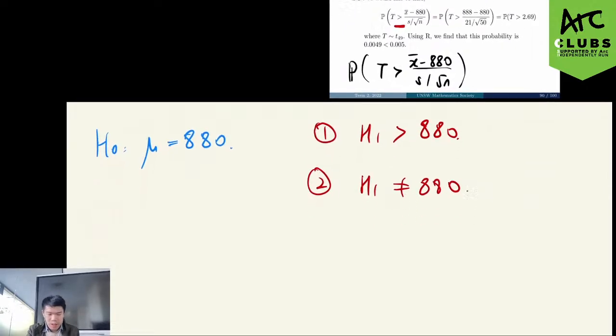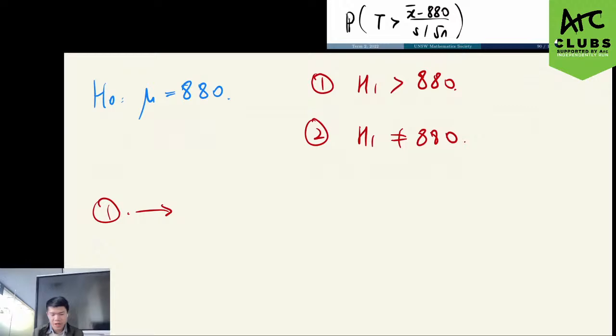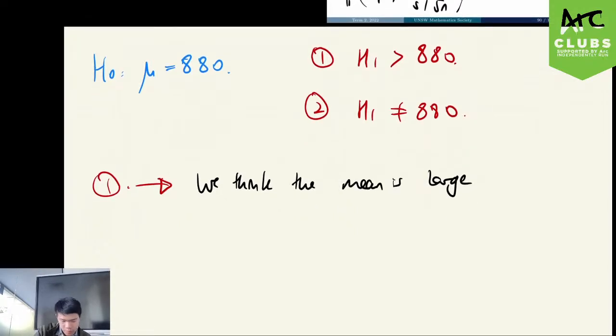Okay. So in case 1, what we're basically saying is that we think the mean is large. So what that means is that more extreme means larger.